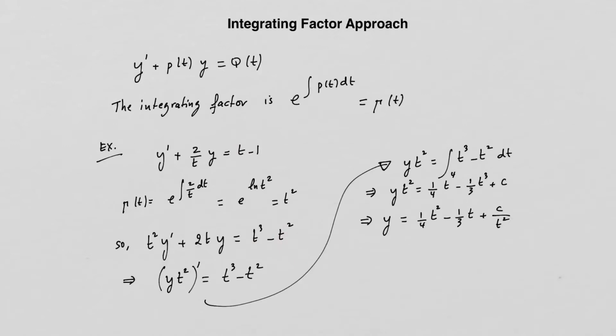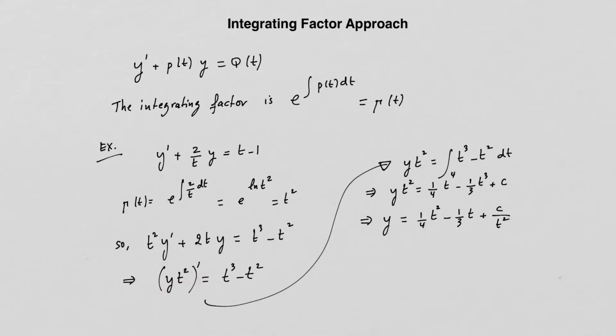Now you see that the derivative of y is sitting here, and the derivative of t squared is 2t, which is sitting here. So this is no more than (y t squared) prime, which equals that as well. Now we integrate both sides.